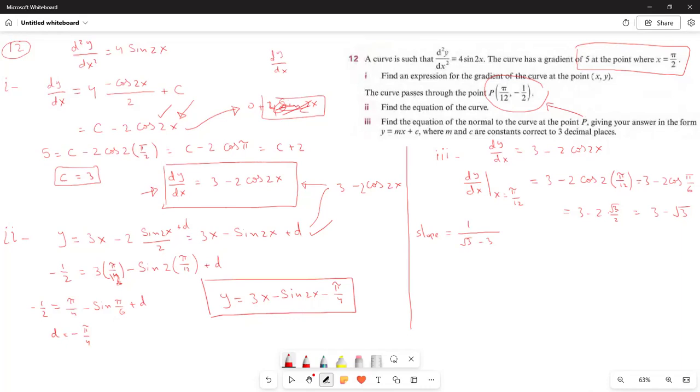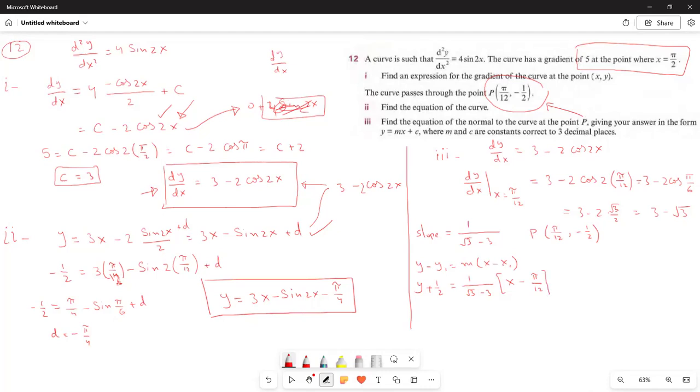So the slope is this, and it is passing through this point, pi by 12 and minus 1 by 2. So I will use my formula y minus y1 equals m into x minus x1. y minus y1 is minus half, so it becomes plus half, equal to m, which is 1 over root 3 minus 3, into x minus x1, which is pi by 12.